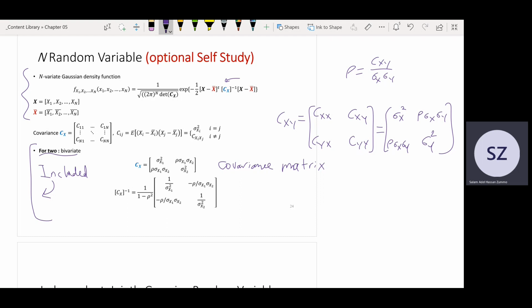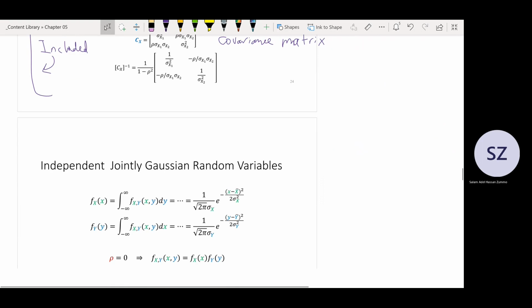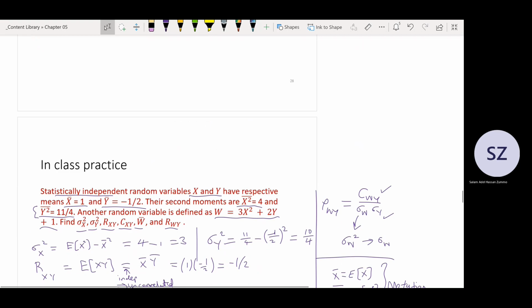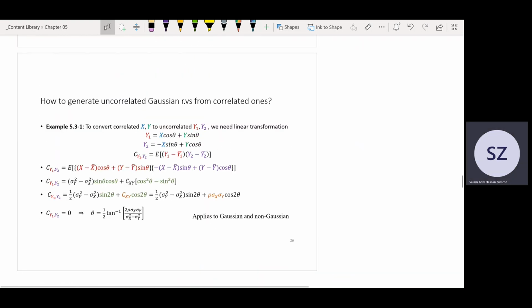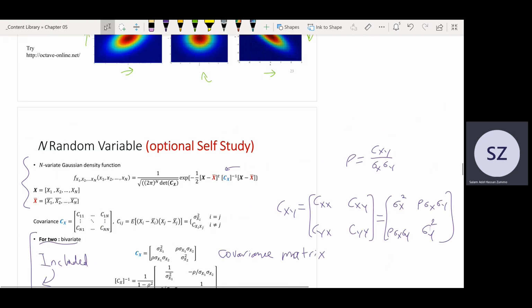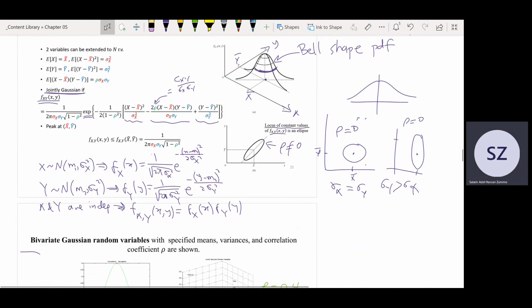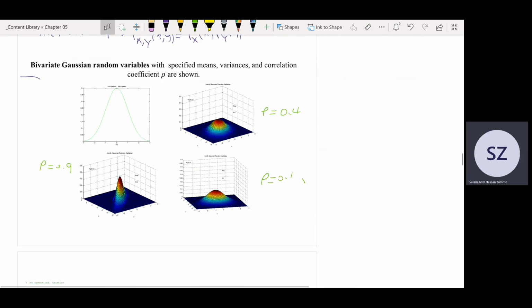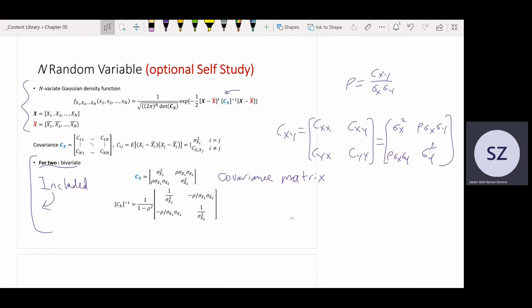This is the same as what we wrote here. Now if we write the covariance matrix like this, then instead of a two-dimensional PDF that looks like this, we can write it in terms of vector representation and matrix linear algebra. It will look like this, where this is the X vector, this is the X bar vector, and this is the covariance matrix. The covariance matrix inverse looks like this.